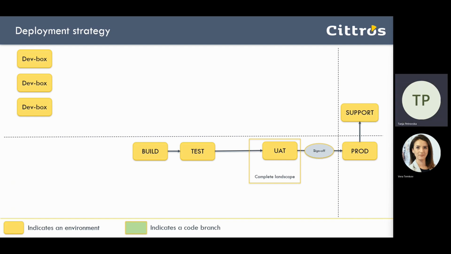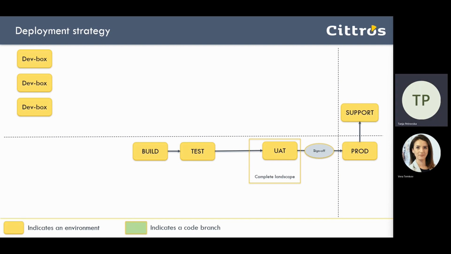The yellow boxes that you see on the screen represent the different environments and their purpose in a project infrastructure, like development environments, build, test, and UAT environments, and lastly, we have the production and support.